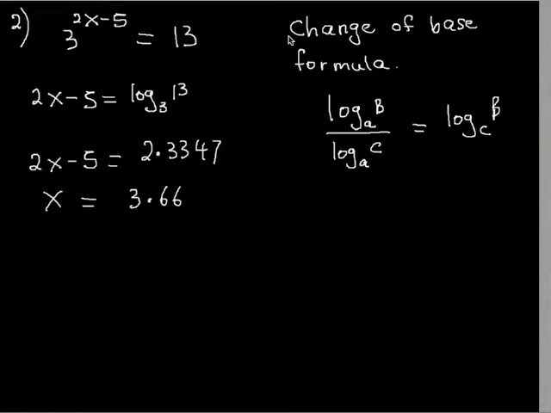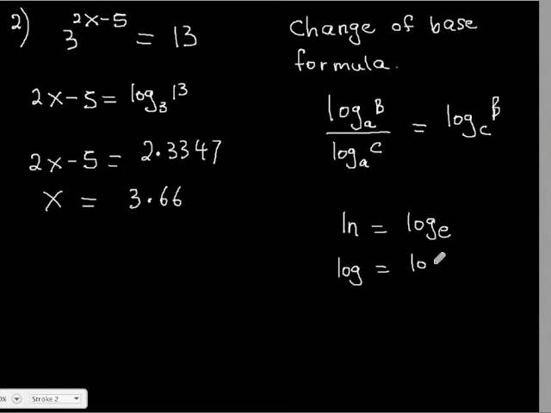So I want to introduce to you another logarithmic property, which is the change of base formula. If you look at your calculator, you realize that you only have two bases given. One of them is ln, which is essentially log base e, and the other one is log on your calculator, which is essentially log base 10.